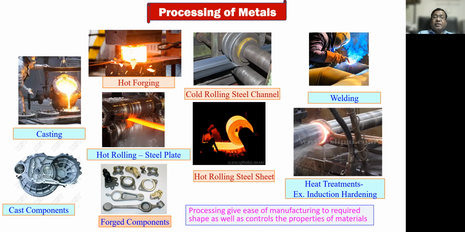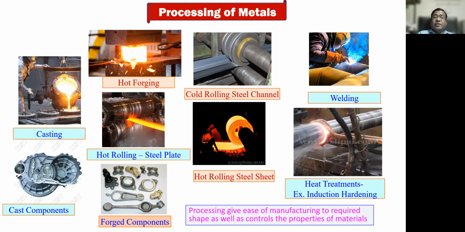Then heat treatment is one of the big areas of processing that we need to understand. Here the example of induction hardening is given. Some shaft is there with a copper coil, heating above its austenitizing temperature, followed by water quenching to get a martensitic structure. All these processes give ease of manufacturing to the required shape.